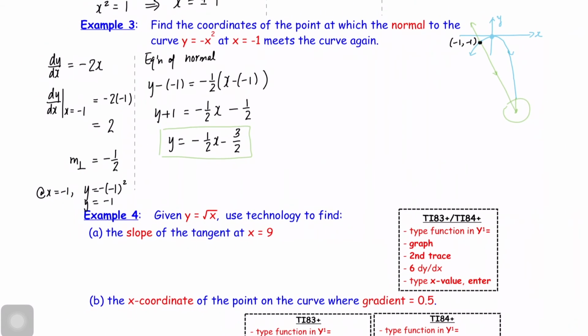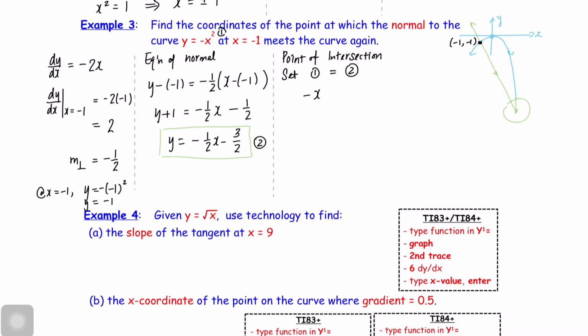And lastly, we're back to trying to answer the question, right? We're looking for the point of intersection between the parabola and the normal line. So we're going to set equation 1 equal to equation 2.